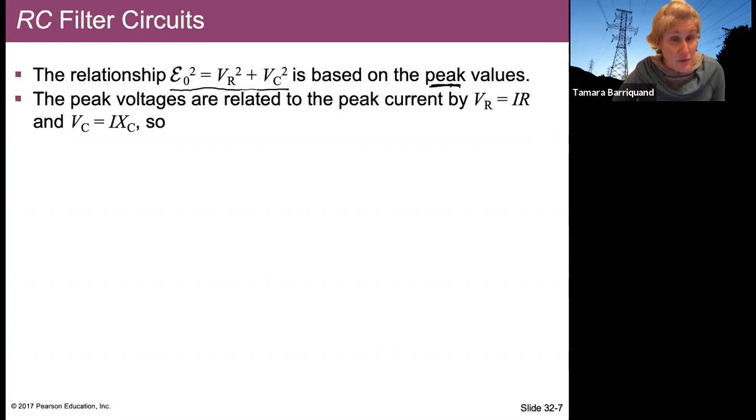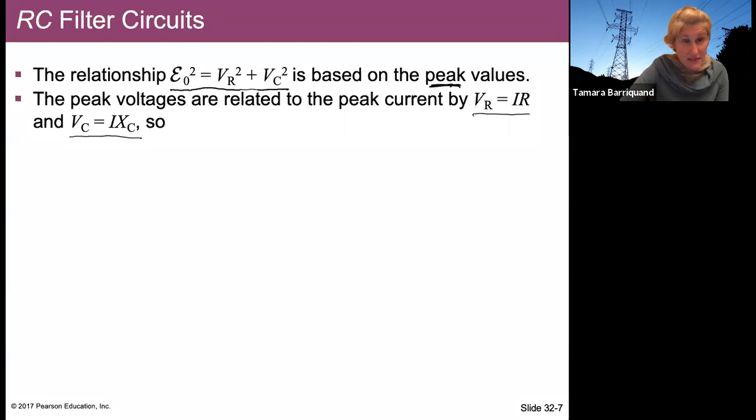Now the peak voltages can be related to the peak current as well. The resistor voltage is related by Ohm's law, VR equals IR, and the capacitor voltage, as we just saw, is the current times the capacitive reactance.